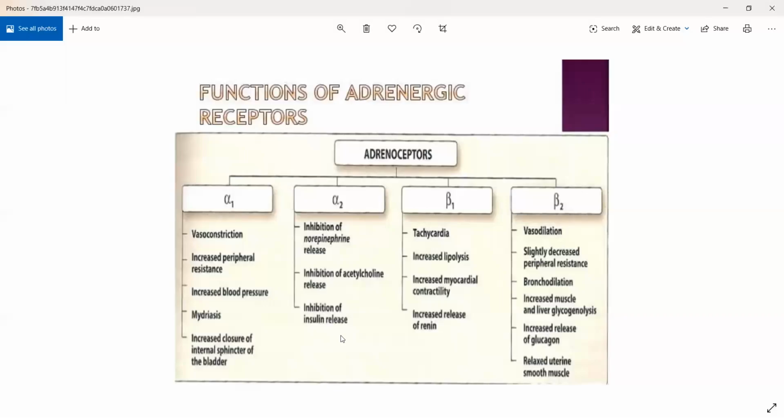Okay, coming back to our discussion. In this image, what is happening is whenever you give an adrenergic drug, for example adrenaline, the most common of the adrenergic drugs, you will get different responses from different receptors. If adrenaline is acting on alpha 1, I will get the responses mentioned there. If it acts on alpha 2, it will invariably act on different receptors, because adrenaline is non-selective.